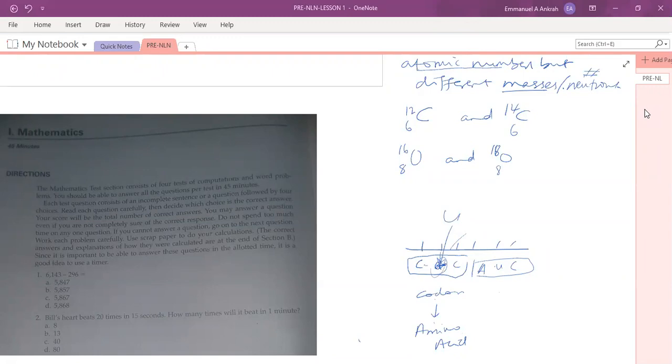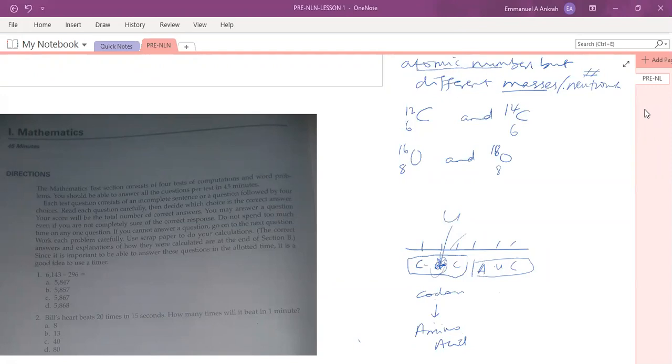Number 51. Page 250, number 51. It says, a cell is placed in a drop of distilled water. The cell swells and bursts.